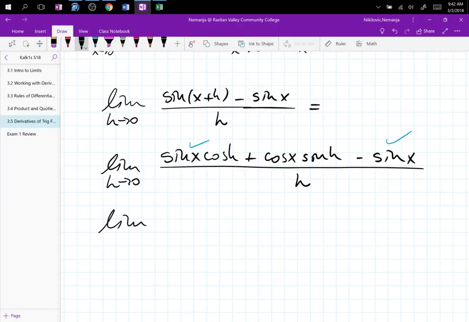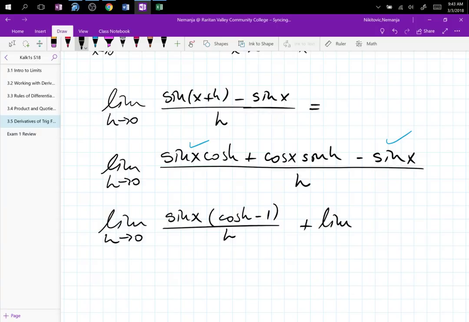So you have limit h goes to 0, and in the first term you have sine x times cosine h minus 1 divided by h, and then plus, you can split off limits using the rule, limit h goes to 0 of cosine x sine h over h.